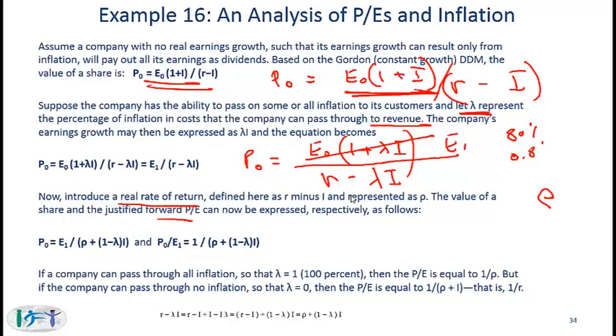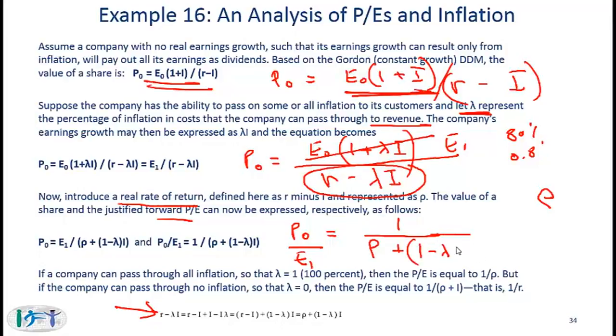So this same expression can be written like this: P naught is equal to E1 times this ratio, 1 over R minus lambda I, which, using some basic algebra shown here, can be rewritten as 1 over the real rate plus 1 minus lambda into I. What I would say is, once in your life you go through this algebra and convince yourself.